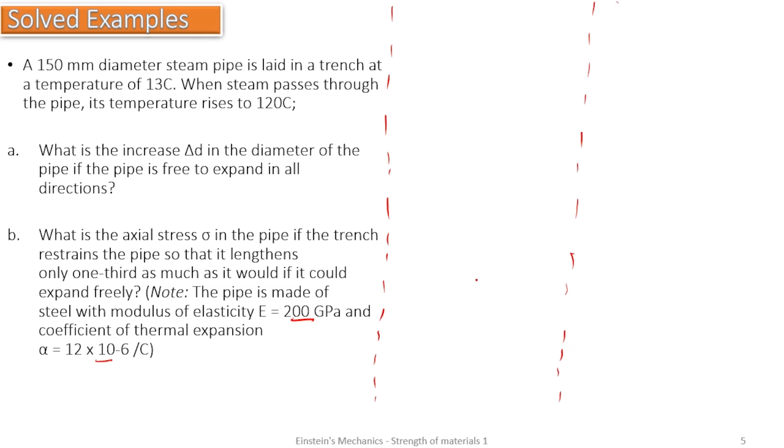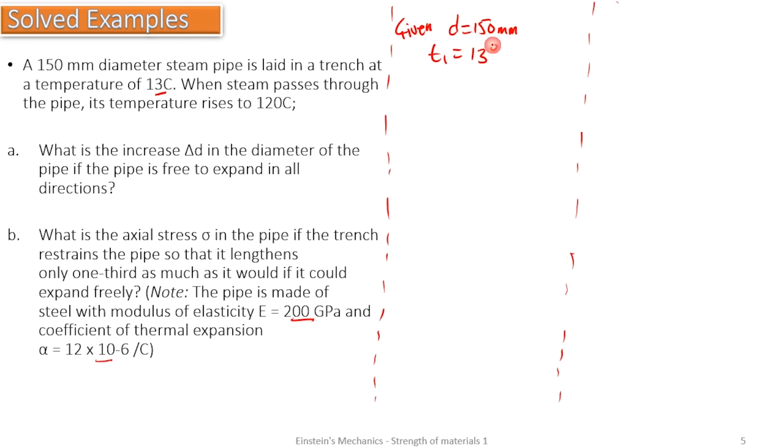So from the question, what do I have? I was given the diameter, which is D, to be 150 millimeters, and that will be 0.15 in meters, but I can work in millimeters. My T1, the initial temperature, was given as 13 degrees Celsius.